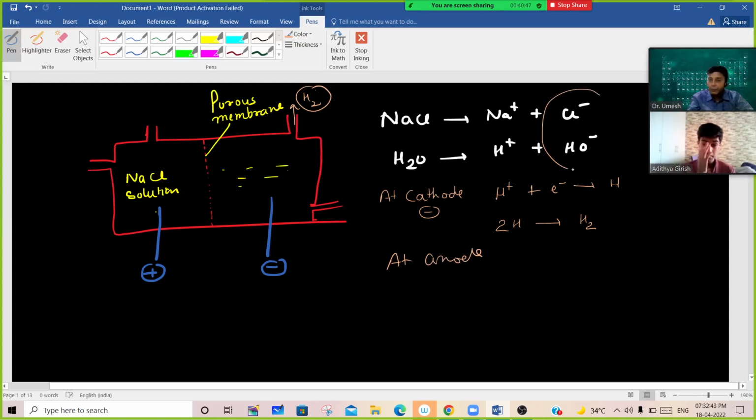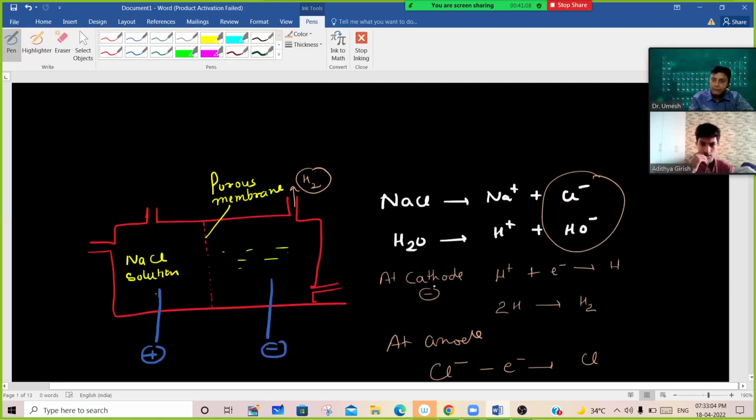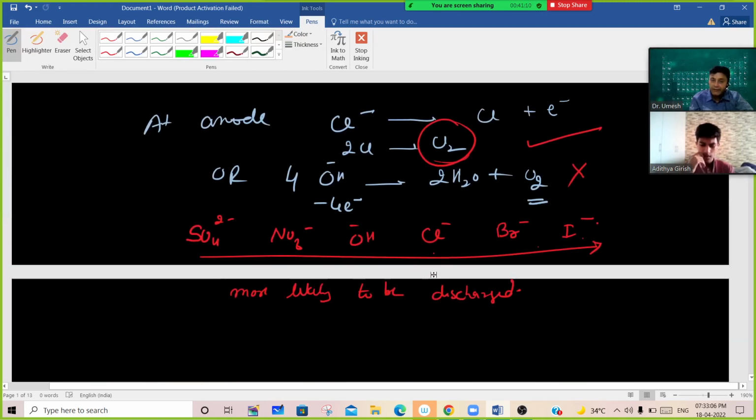Now, at anode, what will happen? I have two things, Cl negative ion and OH negative ion. Which is more likely to get discharged? See, I have given here very clearly, chlorine is more likely to get discharged.